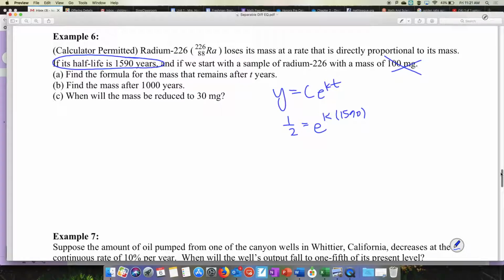Okay. Now, lucky for us, what do we know? We know 100. We know 100, but we wouldn't have to find k at least.